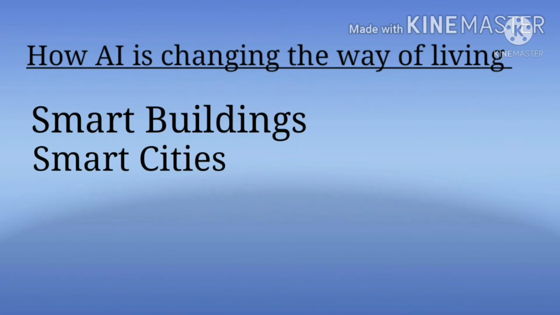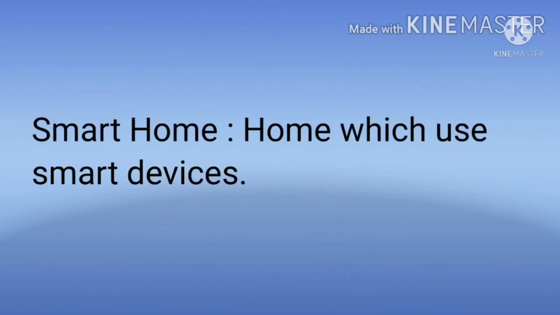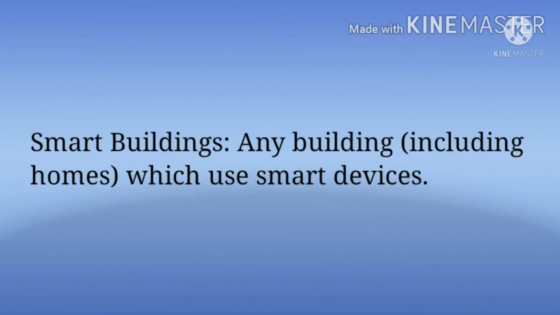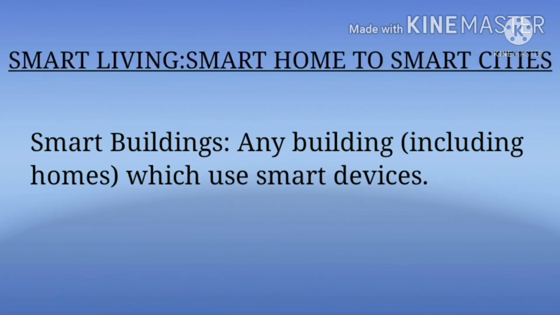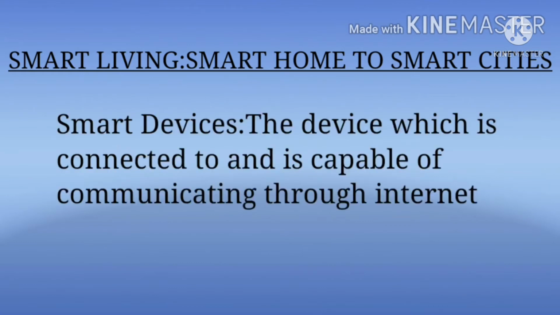First of all, let's see some definitions of important terms. What is a smart home? A home which uses smart devices. And a smart building is a building which has many homes using smart devices. And what are smart devices? Devices which are connected to the internet and able to communicate with it.